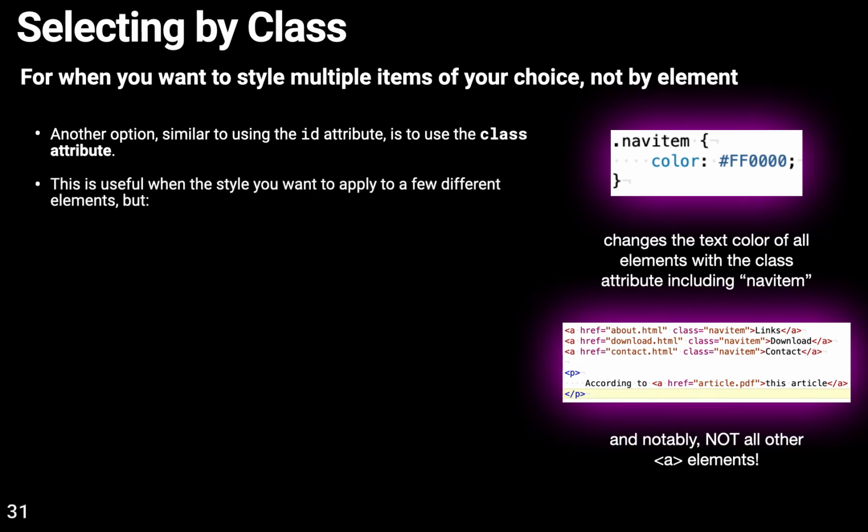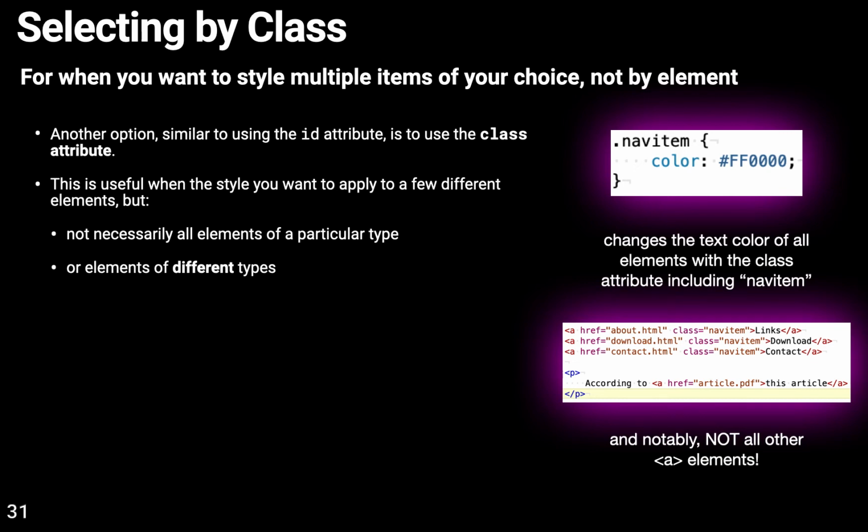It's the class attribute. If I don't necessarily want all of my elements of a particular type to be the same style, or if I want to group elements of different types and style them all together. We saw that a lot on that original example page, right?